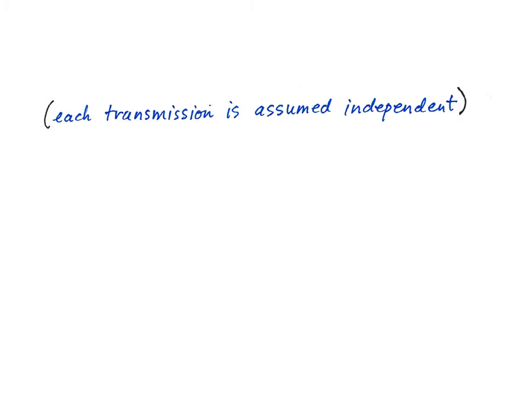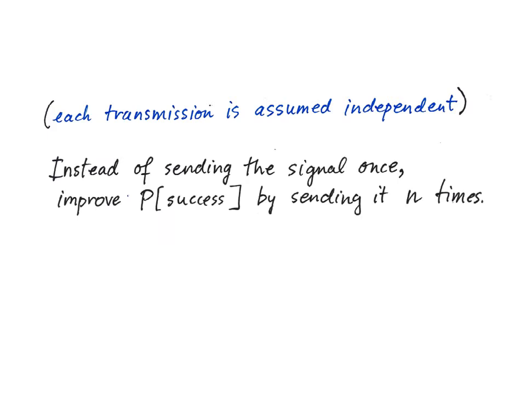Of course, assume that each transmission is independent of the rest, and this allows us now to do some probability calculations. In order to improve the probability that we are successful at achieving the unlocking process, instead of sending the signal just once, assume that we send it n times successively.